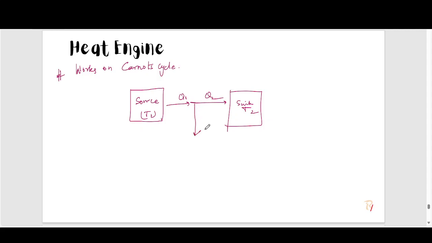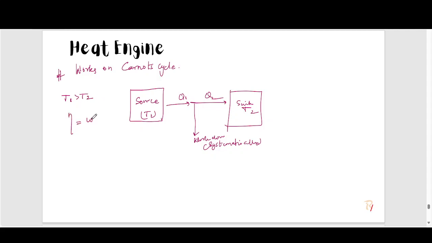Therefore, we will get network done. Therefore, T1 is greater than T2.